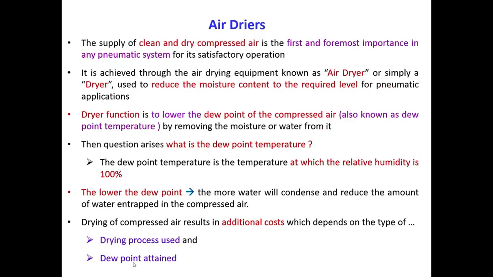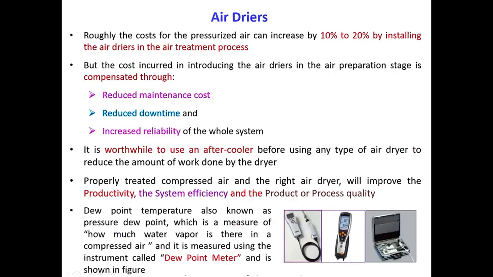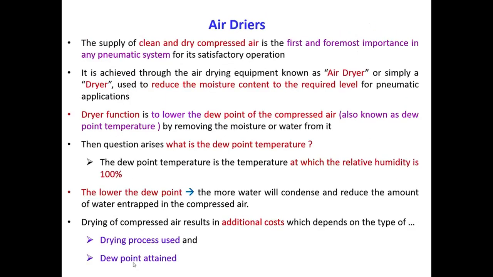Air dryer. The supply of clean and dry compressed air is of first and foremost importance in a pneumatic system for its satisfactory operation. It is achieved through air drying equipment. An air dryer, or simply a dryer, is used to reduce the moisture content to the required level for pneumatic application.